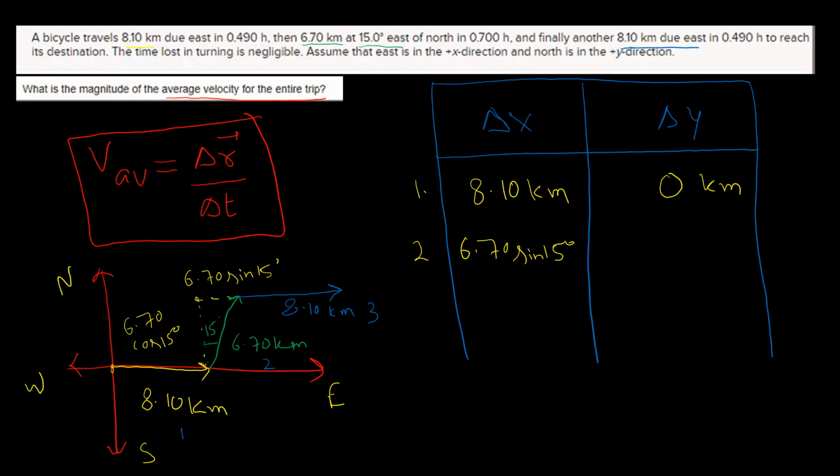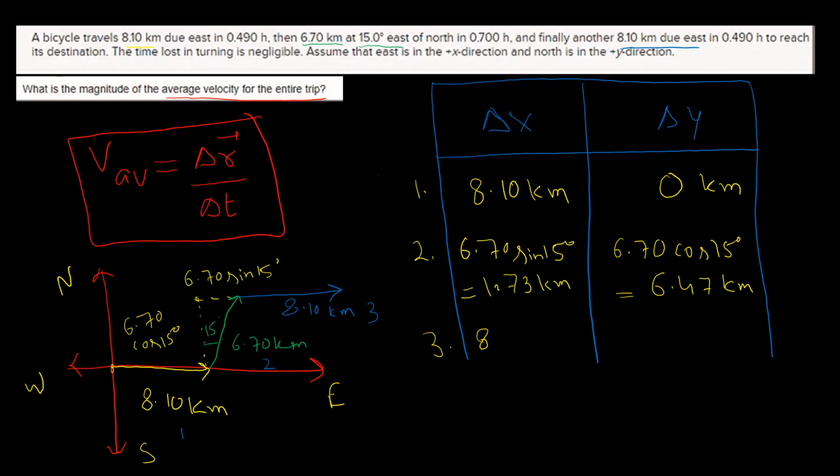When we calculate this, it will be 1.73 kilometers. And the y component for this vector is 6.70 cos of 15°. When you calculate this, this will be 6.47 kilometers.